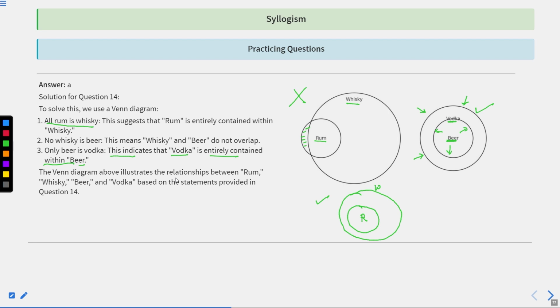Now the second statement says that no whiskey is beer. The second statement is saying that no whiskey is beer. So this is whiskey, the bigger circle is whiskey, and this outside circle is beer. Now if we compare both the Venn diagrams, we can see that there is no relation between beer and whiskey.